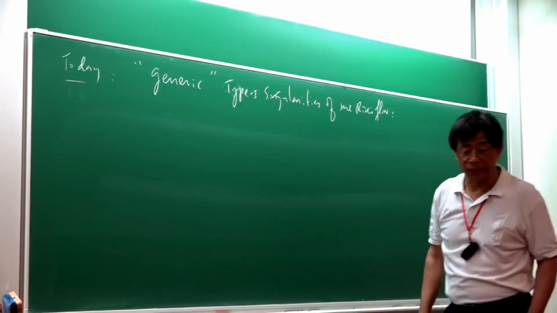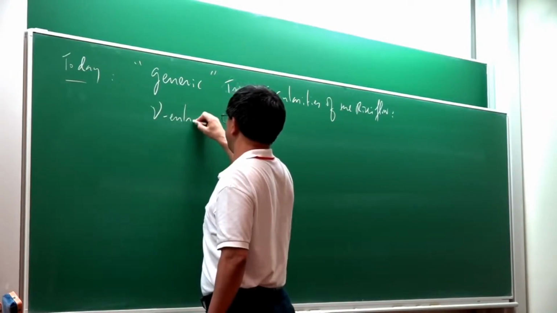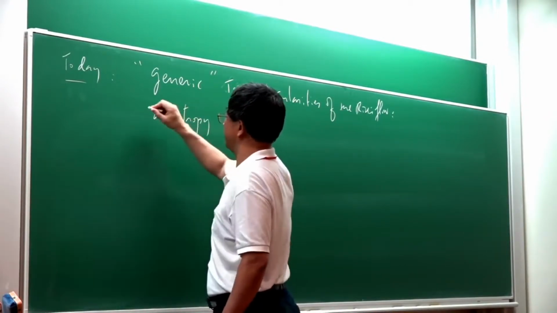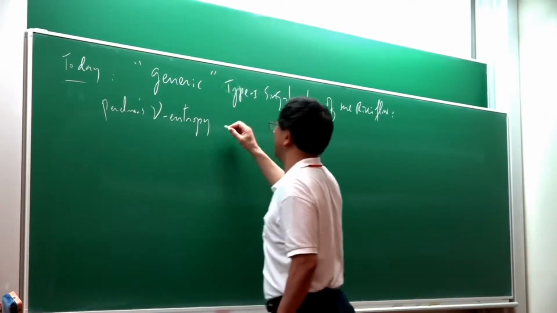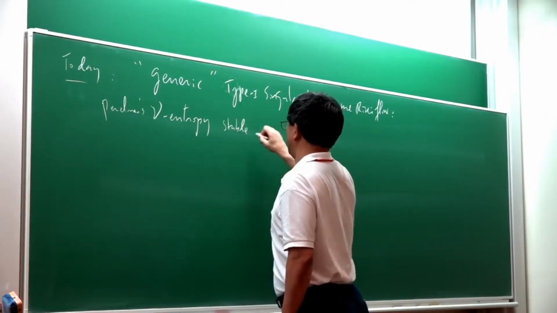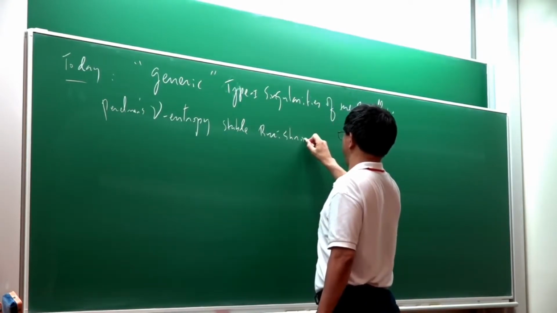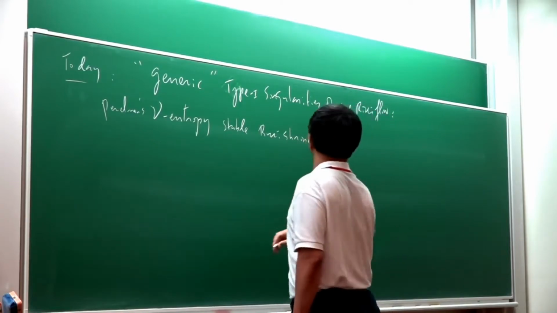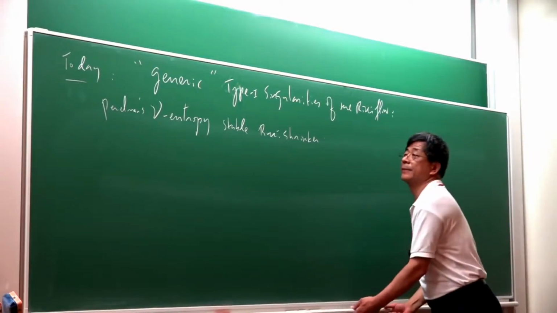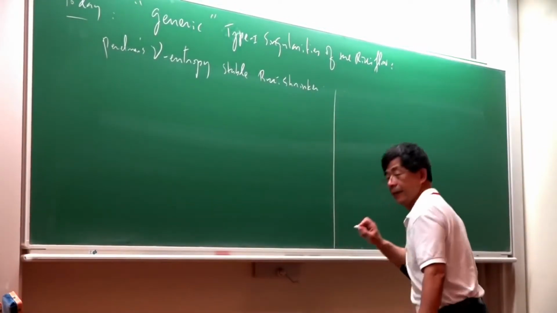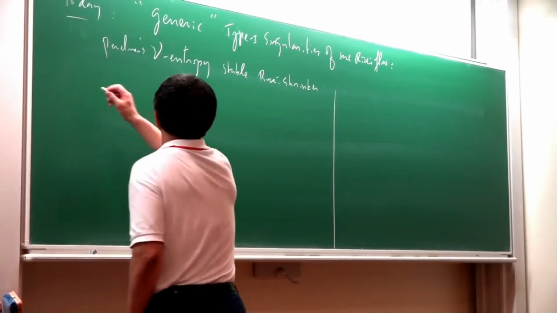That is, we're going to talk about entropy, Perelman's mu entropy, stable Ricci shrinkers. So we're going to explore the variational structures. Let's start with some basic background.